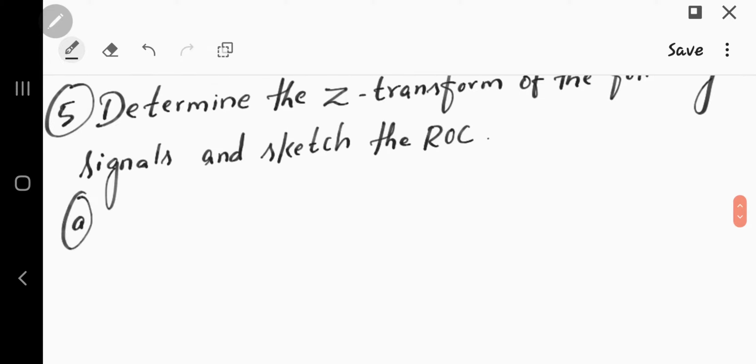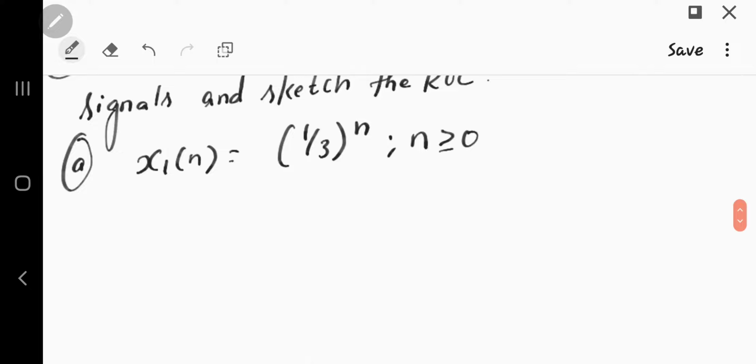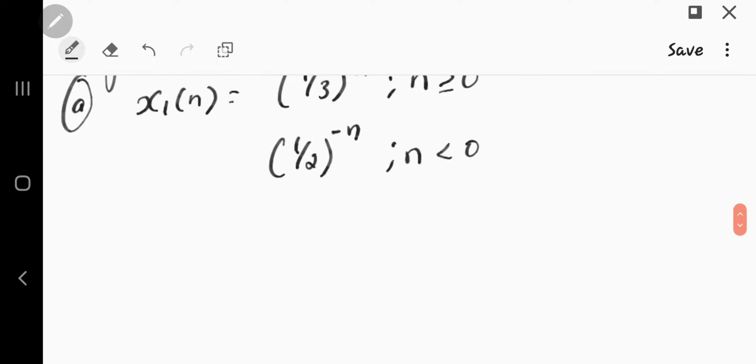Now what is the given problem? In the first one, x1 of n is equal to 1 by 3 to the power of n, where n is greater than or equal to 0, and it is 1 by 2 to the power of minus n for n less than 0.